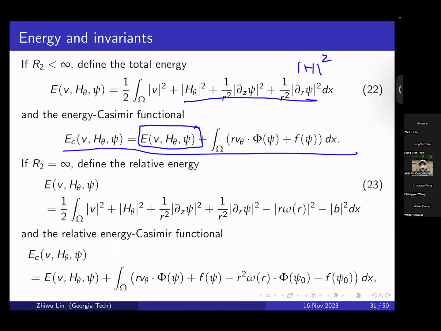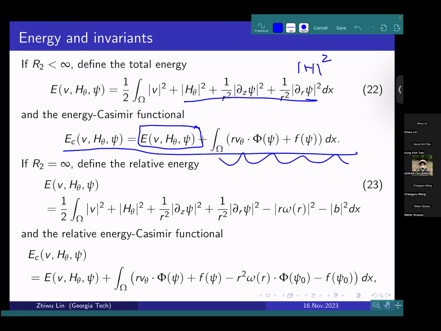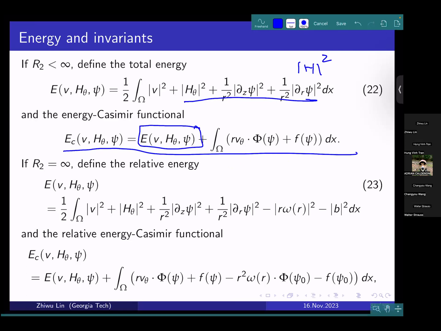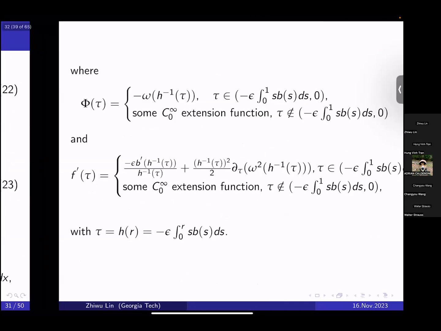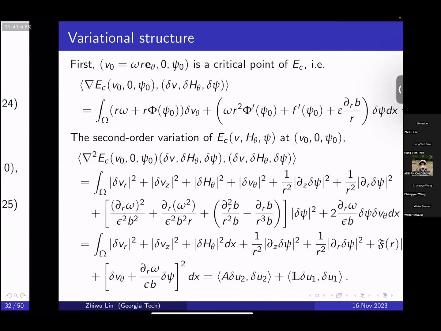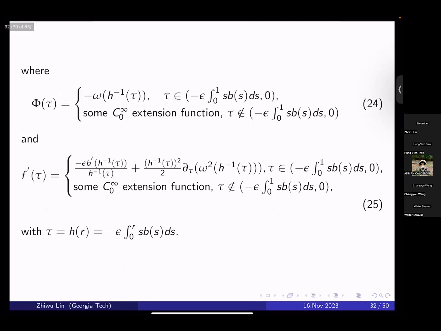And these two terms come from the Casimir invariants. So we can choose f and capital Phi such that the first variation is equal to 0. So f and Phi are determined by the steady state.